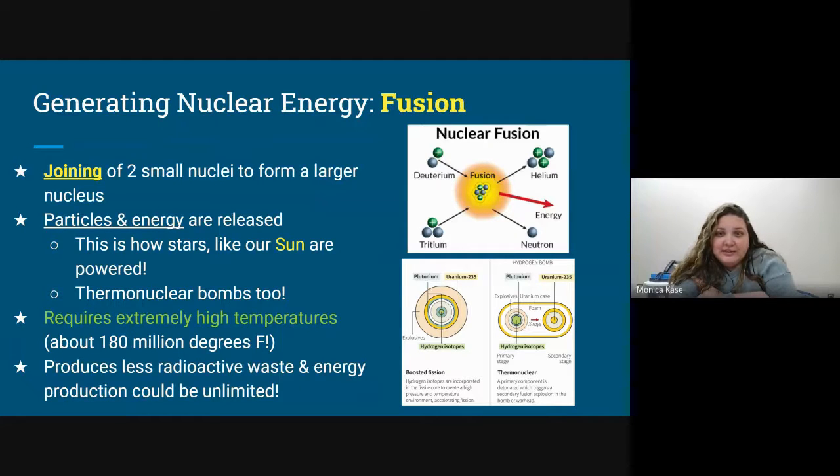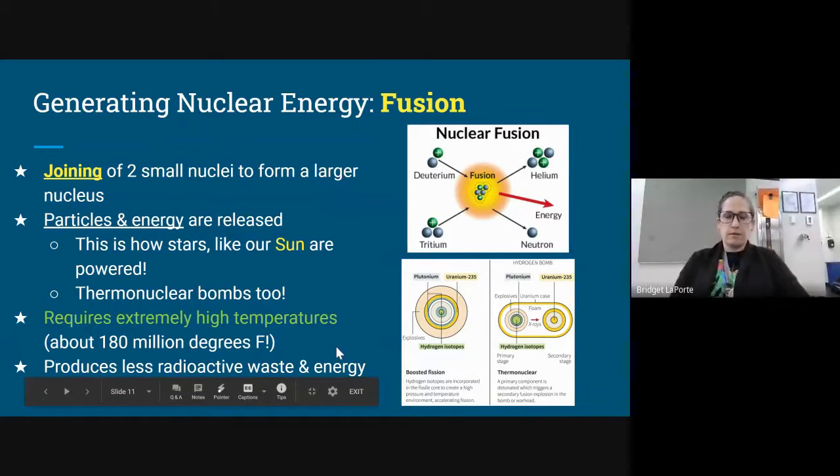Think about the hottest temperature you've ever been in, and this is way more than that: 180 million degrees Fahrenheit. It produces less radioactive waste, and energy production could be unlimited if we could figure out how to create it here, which, because of that temperature, will require some new types of products to contain that heat here on Earth.